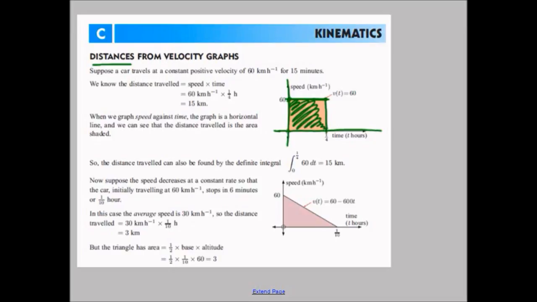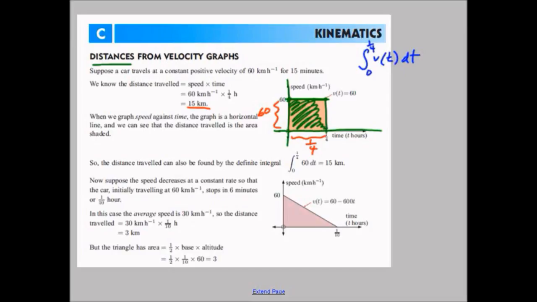We can calculate that using geometry. We know here that this side is 60 and this side is 1/4. When we multiply that length times width, we get 15 kilometers. Another way, now that we know about calculus and integration, of calculating that area under the curve is taking the integral of that velocity function from 0 time to 1/4 of an hour.